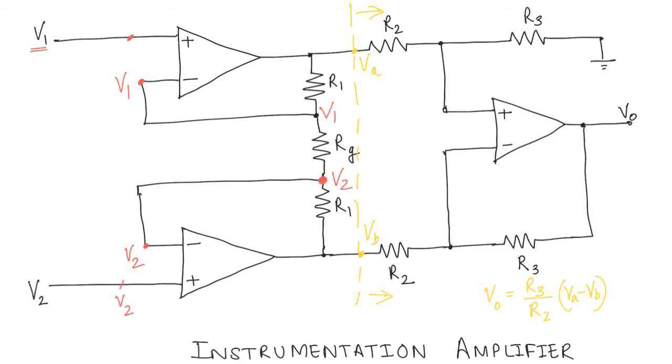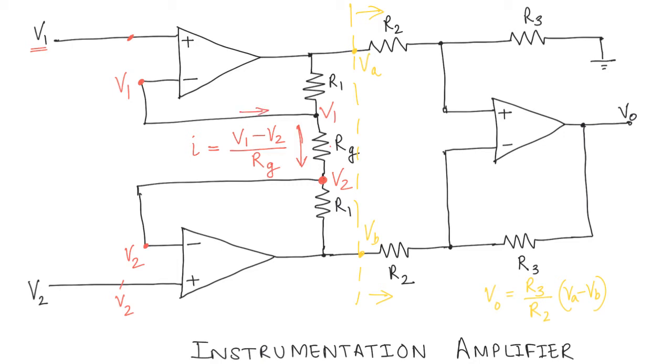Now, if we have got that, what is the current going to be that flows through RG? It's very simply going to be (V1 minus V2) over RG, right? Let's just call it I. Now, where is this current going? So the current flows through RG, but can there be a current here on this path?